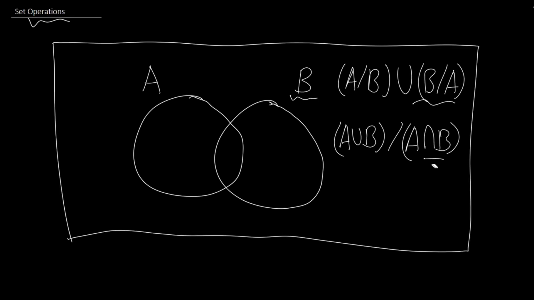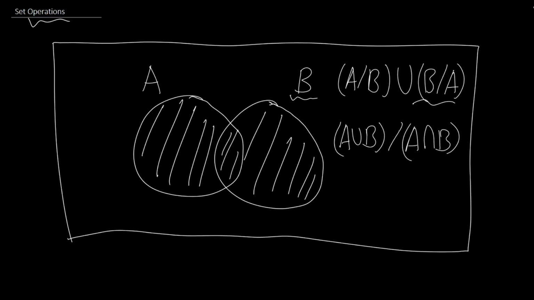What will this look like when we combine all of these together? Well, A union B is basically the entire thing over here, and we want to take away the intersection, and the intersection is the middle part. We take that away, and voila.